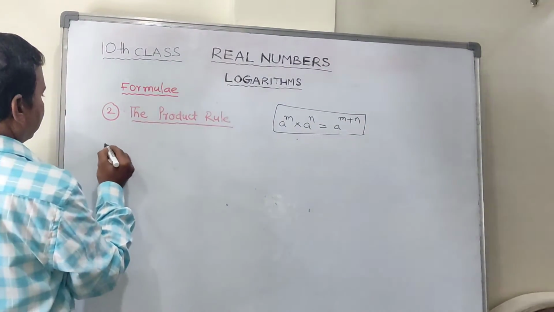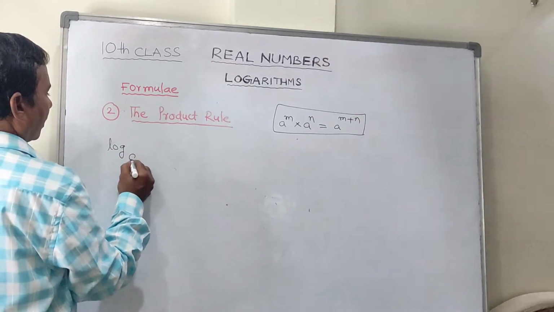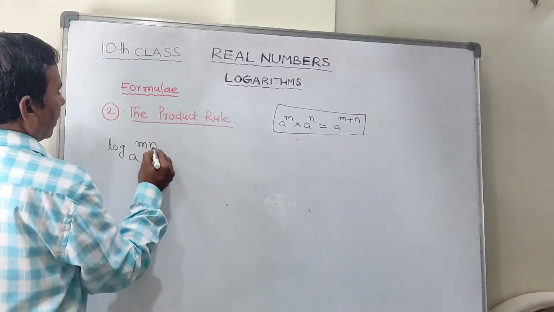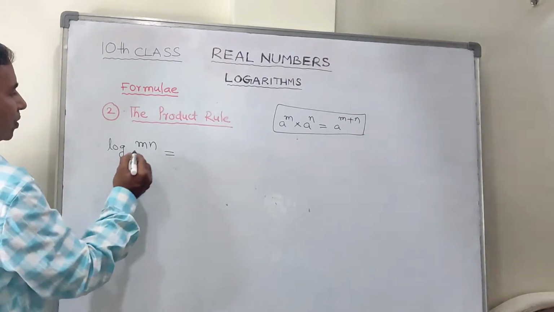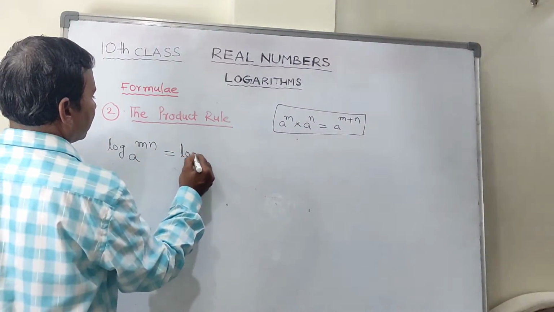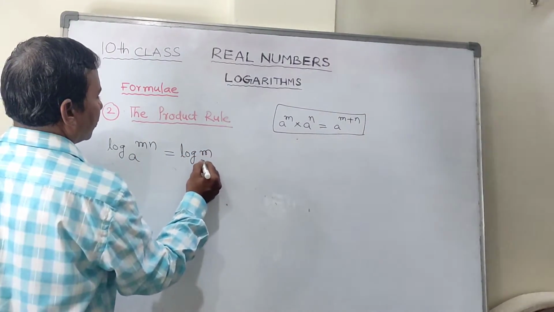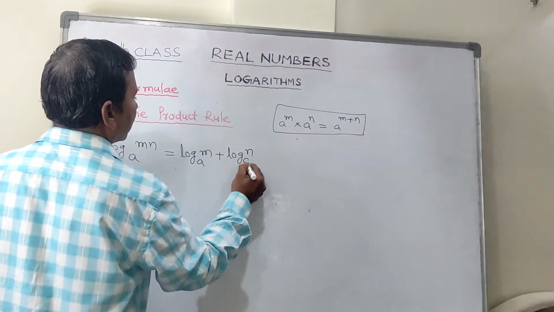Based on this, the product rule formula: log mn to the base a, where mn means m into n, multiplication, becomes log m to the base a plus log n to the base a.